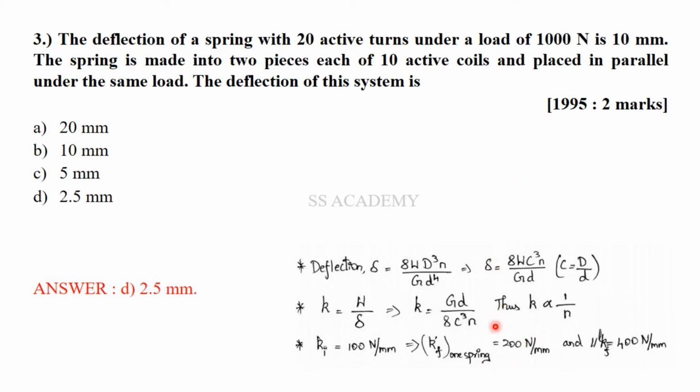As we have discussed earlier, if two springs are in parallel, the total stiffness, that is parallel stiffness, is equal to the sum of the stiffness, which is 200 plus 200, 400 Newton per mm. So we know that the stiffness is 400 Newton per mm, while the load remains the same. They have said that the load is the same. So 1000 divided by 400, you will be getting 2.5 mm as the answer.